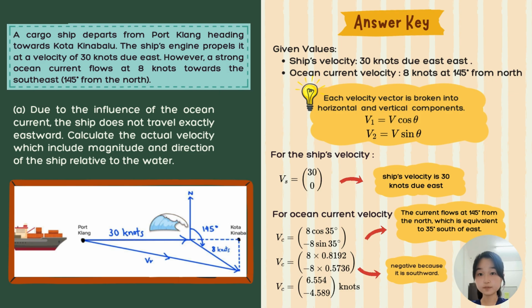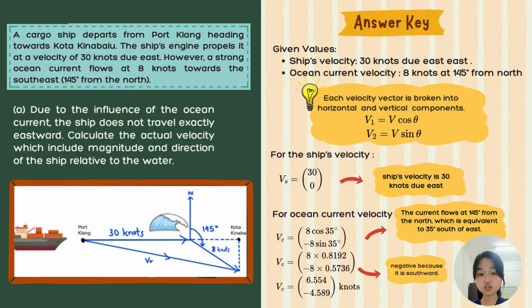In question A, it is given that the ship's velocity is 30 knots due east. Ocean current velocity is 8 knots at 145 degrees from the north. Each velocity is broken into horizontal and vertical components.